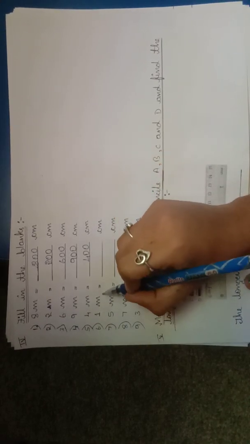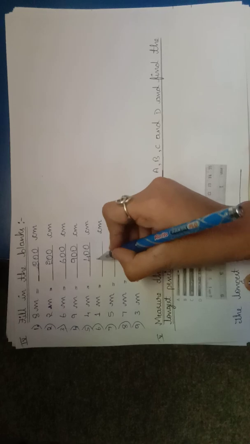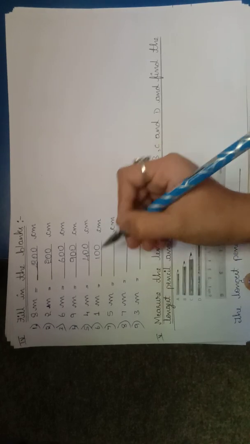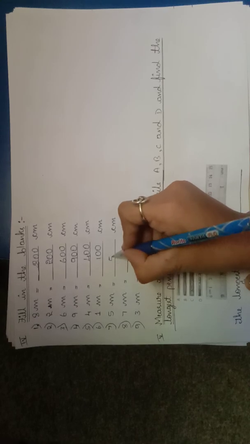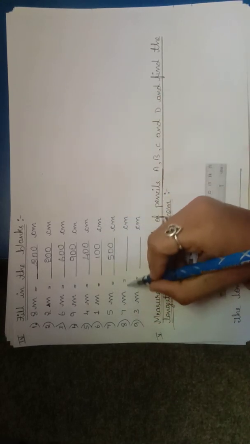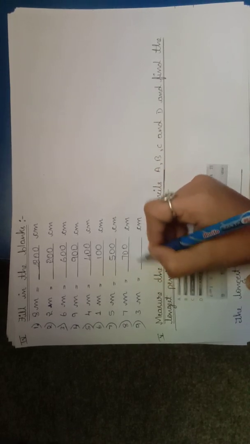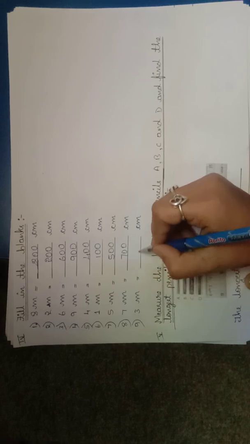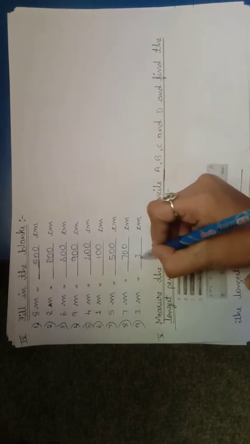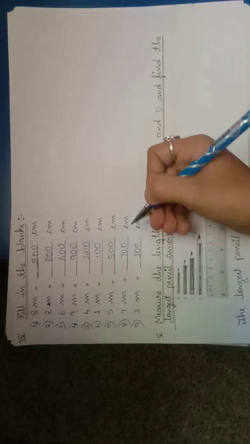Sixth one, 1 meter equals how many centimeter? 100 centimeter. Seventh one, 5 meters equals how many centimeter? 500 centimeter. Eighth one, 7 meters equals how many centimeter? 700 centimeter. And ninth one, 3 meter equals how many centimeter? 300 centimeter. So all of you keep in mind, 1 meter equals 100 centimeter.